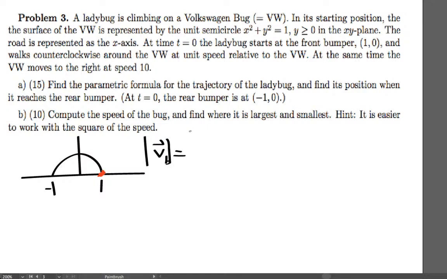Because the velocity is always changing, but the speed isn't. The speed here is the magnitude of velocity, so the magnitude of velocity is the same. This thing here would be a constant, a big C.